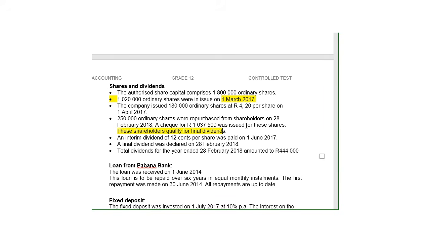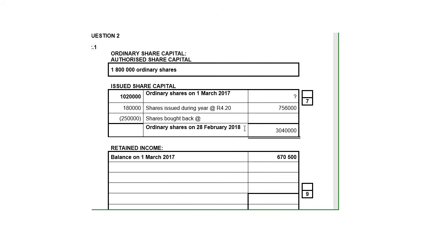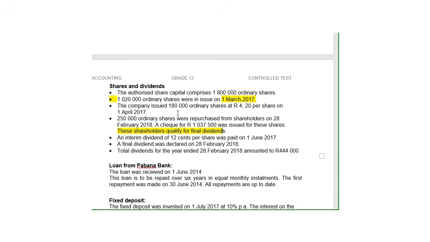So there's no mention of what the average share value is or what the amount is that I paid for the ordinary share capital account. So I cannot put that in yet. Another question mark.